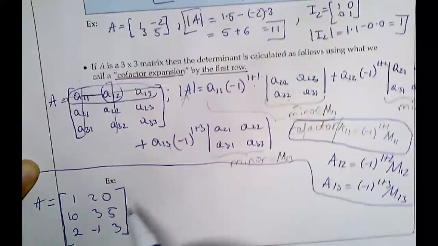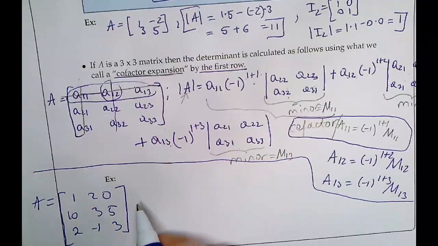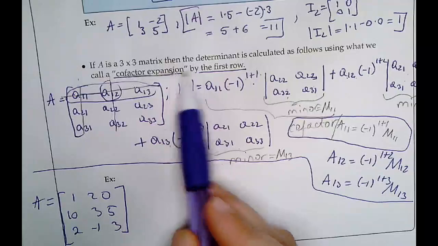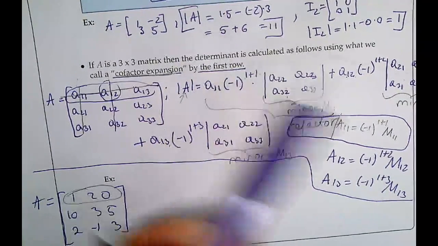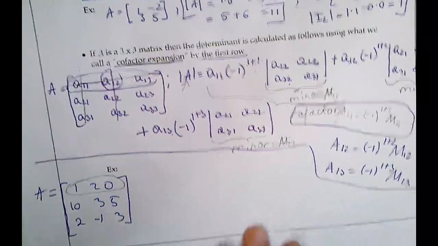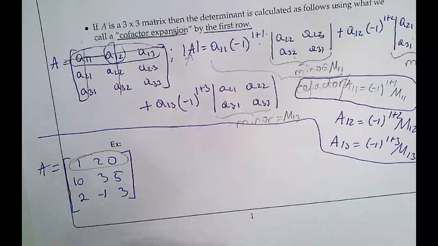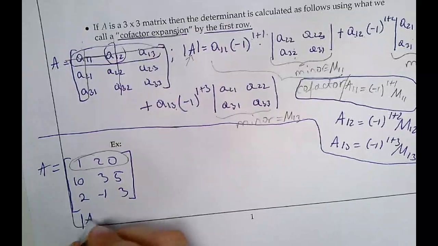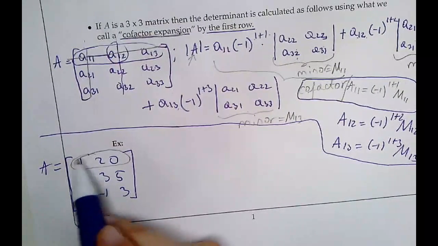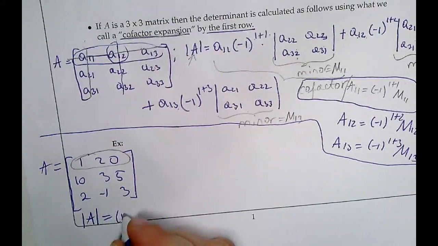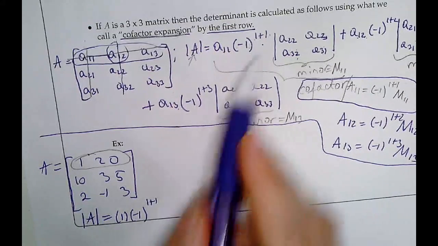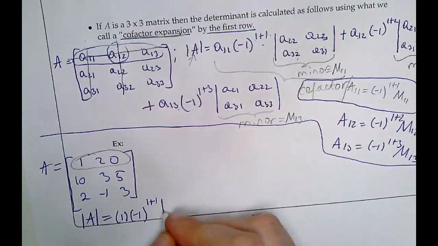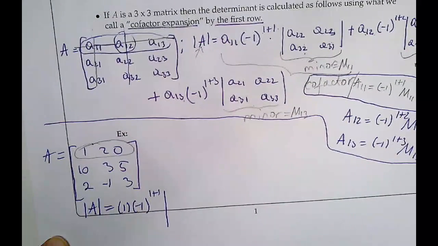So if I want to find the determinant of this 3 by 3 matrix, I'm going to use cofactor expansion by the first row. So according to this formula, the determinant of A is going to be the first term, A11, which is just 1, times negative 1 to the 1 plus 1, times the minor M11.